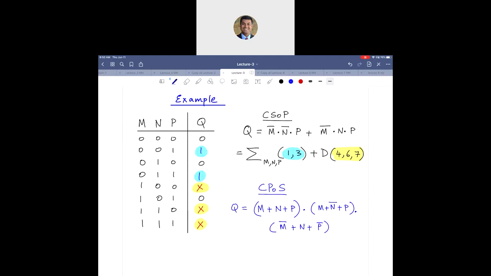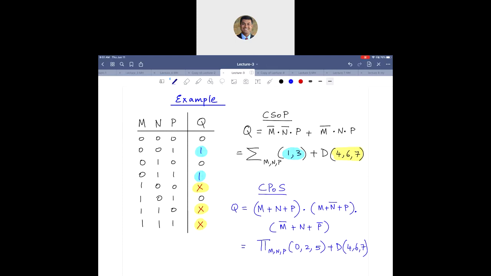That's for the last 0. This can be expressed in shorthand as pi, order of the inputs, row 0, 2, then I have 5, and I have also don't cares at 4, 6, 7. Because these don't cares can go either way, 0 or 1, I have to include that as don't cares for both the CSoP or CPoS.